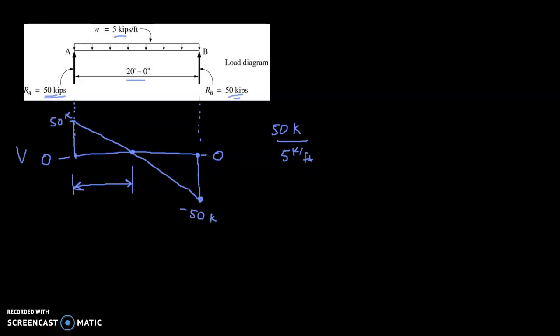So when we take 50 kips divided by 5 kips per foot, that gives us a distance of 10 feet. So I know that 10 feet from the left support is where we cross the x-axis.